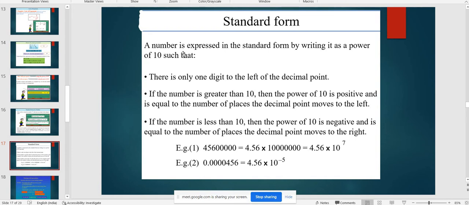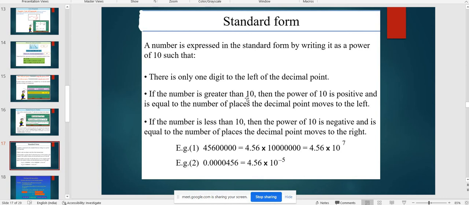So here we learn the number is expressed in standard form by writing it as a power of 10 such that there is only 1 digit to the left of the decimal point. Try to understand, only 1 digit you will get.